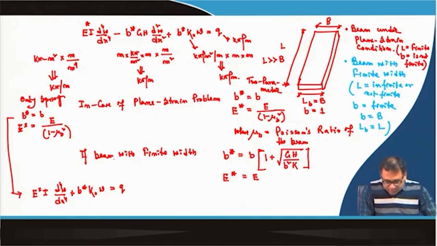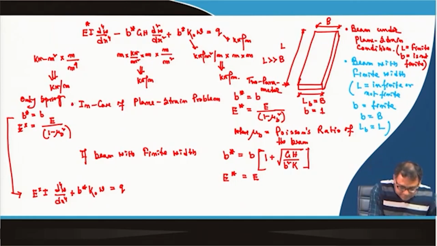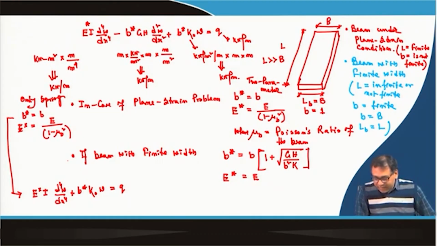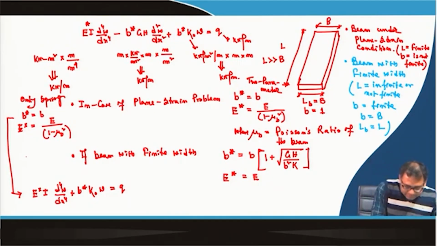And if it is finite width, second case, okay, because in such case G is equal to 0 or H is equal to 0, because it is the 1 parameter model, again B star will be equal to B and E star will be equal to E.